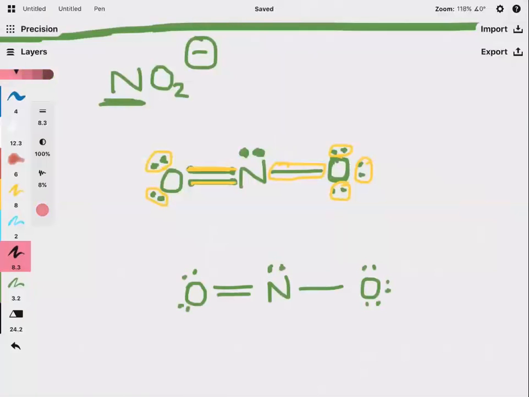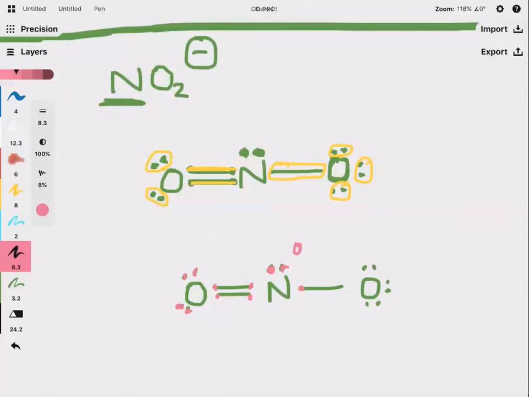The nitrogen, here's the easy way of doing it. You know nitrogen is a group 5 element, and its valence shell therefore has 5 electrons. What does this nitrogen have? 1 electron, 2, 3, 4, 5. So its formal charge is 0. We didn't add any electrons, we didn't subtract any. What about the left-sided oxygen? Group 6 element, its valence shell has 6 electrons. How many electrons in the valence shell of our left oxygen? I count 1, 2, 3, 4, 5, 6.